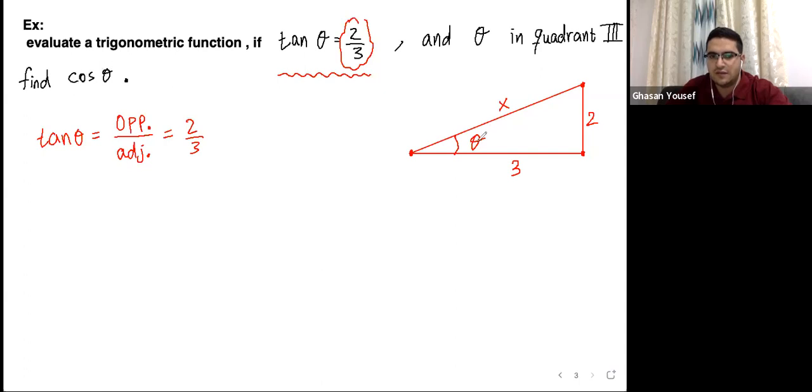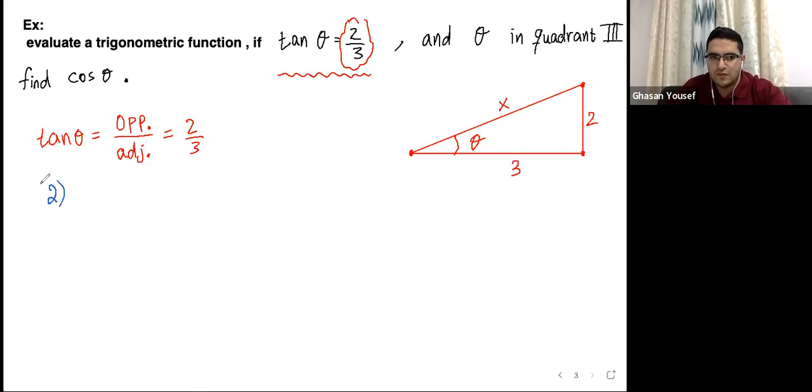Now to find the value of x, you should use the Pythagorean theorem. The Pythagorean theorem says the opposite of theta squared, plus the adjacent of theta squared, equals the hypotenuse squared.